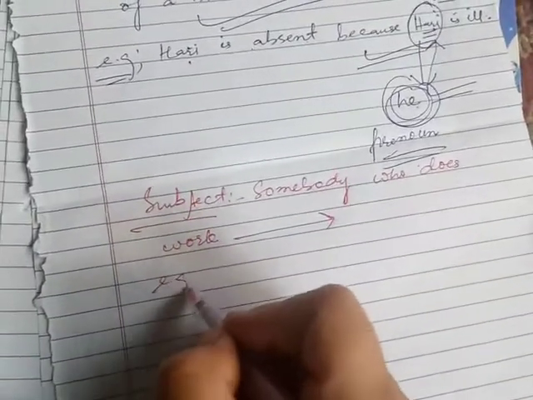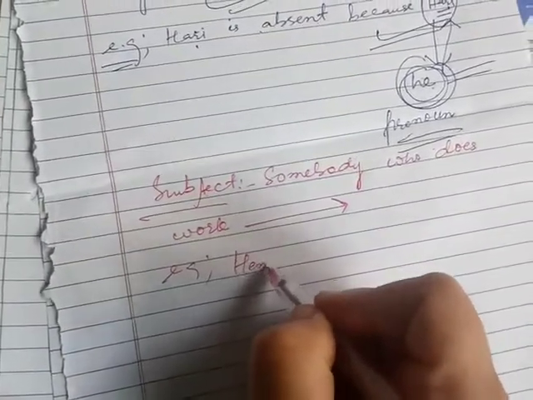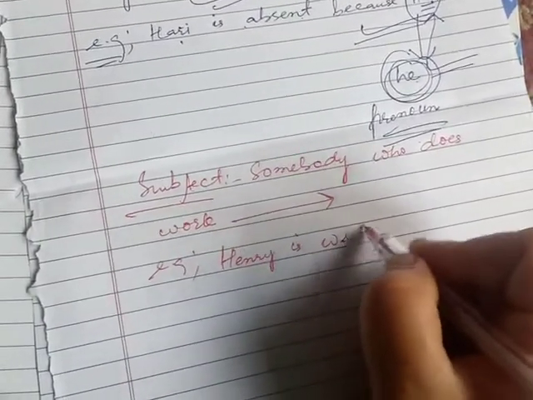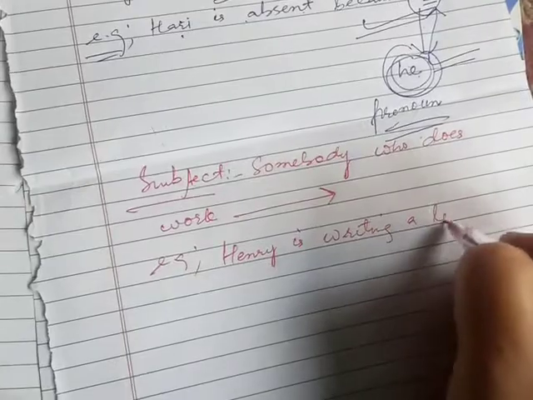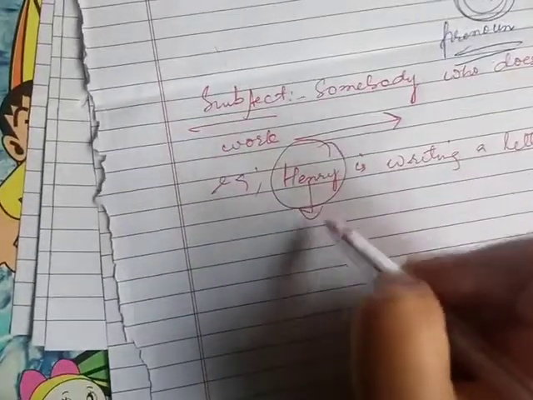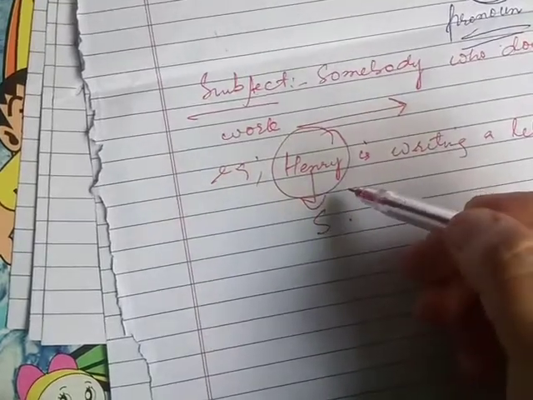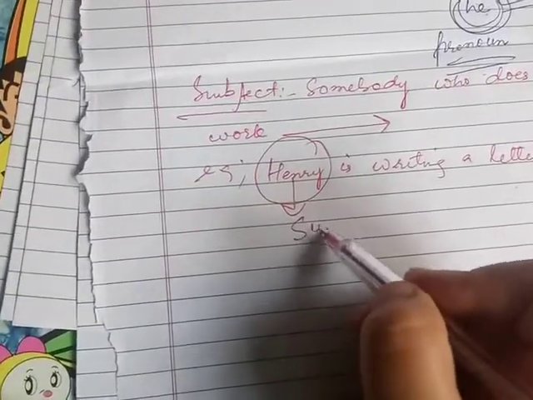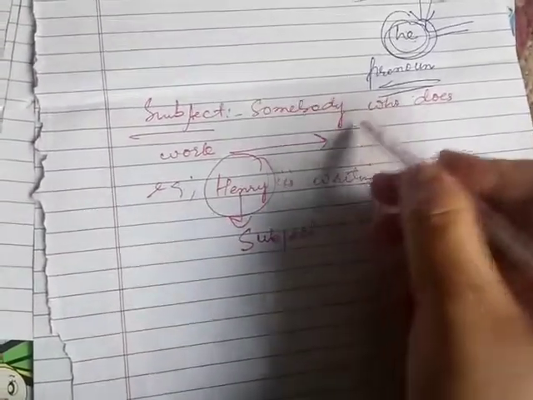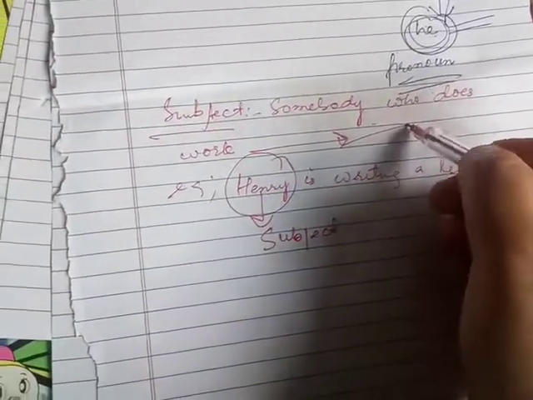For example, Henry is writing a letter. Here, Henry is the subject because he does the work. ये काम कर रहा है, that's why Henry is a subject. So somebody who does work is the subject in a sentence.